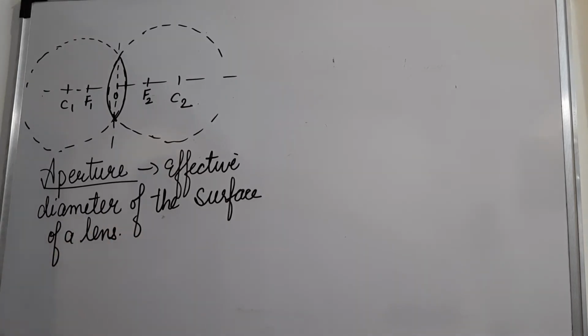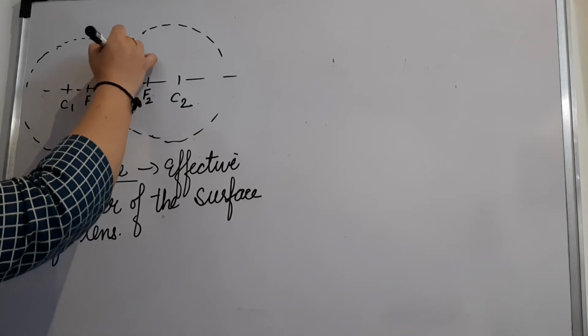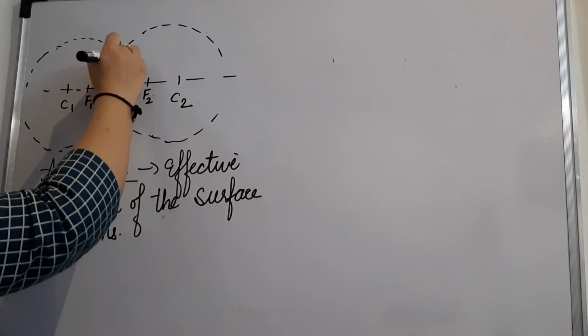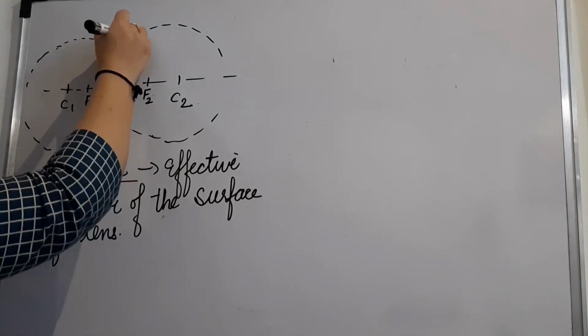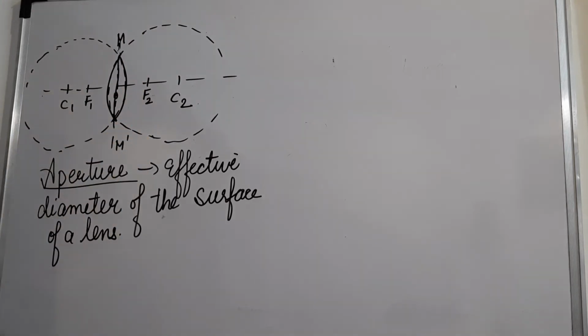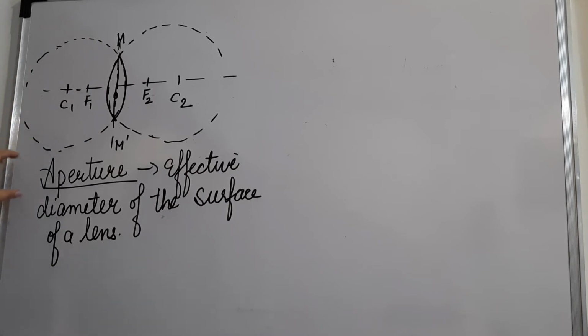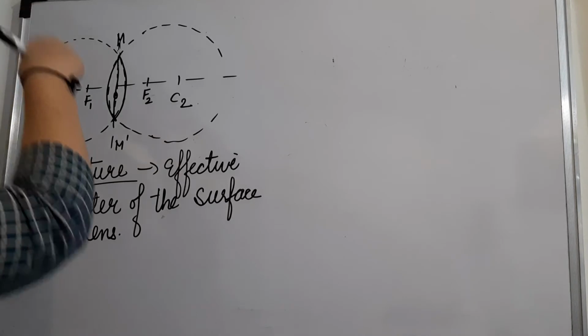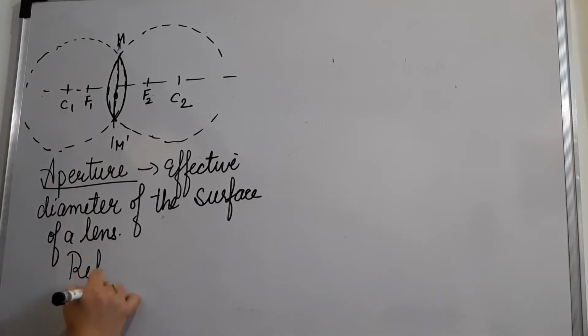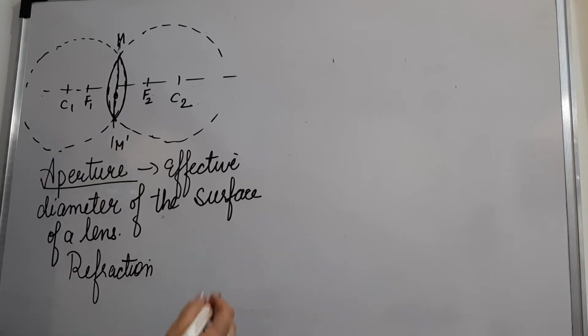So again, I'm emphasizing that whenever you will draw the ray diagrams, you have to show this middle line, which I had mentioned earlier, M dash and N dash, you can name it accordingly. This line is nothing but the aperture or the effective diameter of the lens, and this is the line from which you are going to show refraction. In any of the ray diagrams, you are not going to bend the rays unless the ray reaches the effective diameter. I'll show you one example.